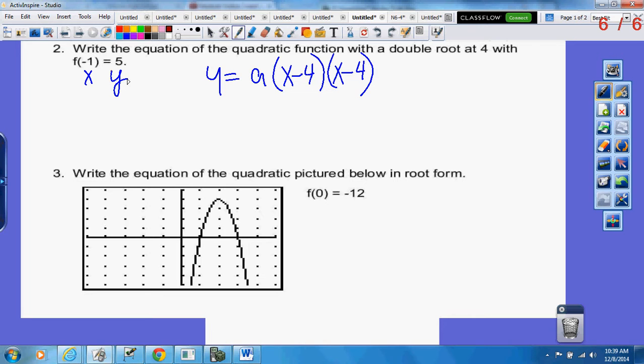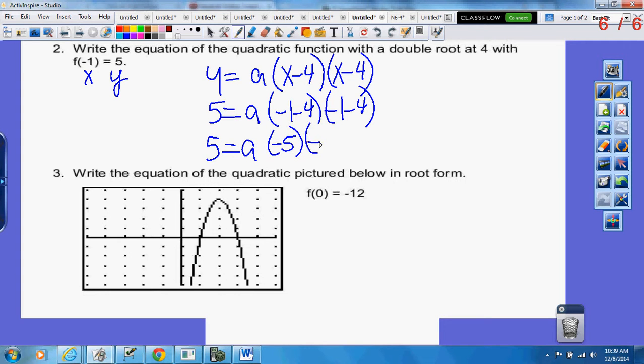So because my y is 5, I'm going to have 5 equals a, -1 minus 4, and -1 minus 4. That's going to give me 5 equals a, -5 times -5, which gives me 5 equals 25a. Divide both sides by 25, and I get a equals 1/5.